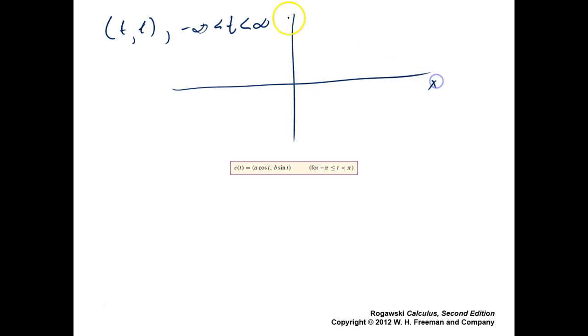This is the XY plane. 1, 1. So that'll be right here. Give me another one. 0. What would that be? 0, 0. Another one. Yeah, it'll be y is equal to x. You can see that from that right there. Okay. Yeah.